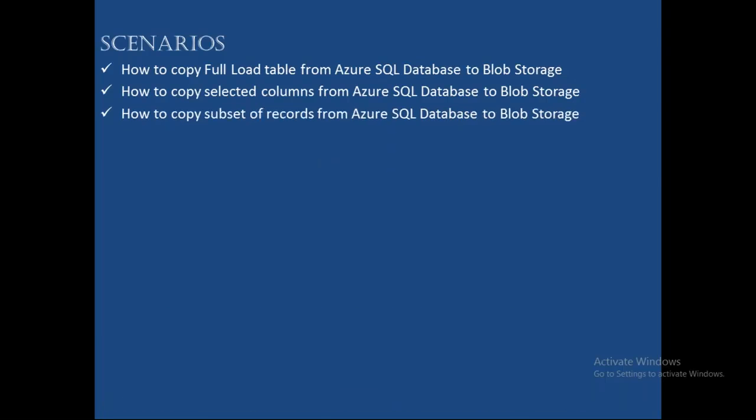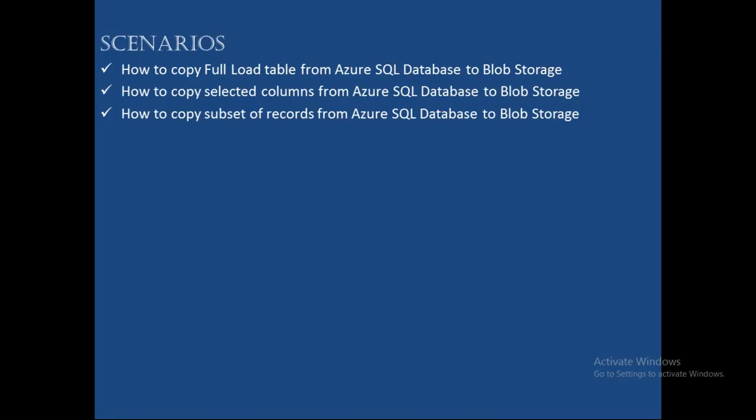Next, how to copy a subset of records from Azure SQL database to the blob storage. Subset means, instead of selecting columns, we are going to select only records. We have a first customer, 1 Rama is from India, 2 Krishna is from US, 3 Sai is from UK.